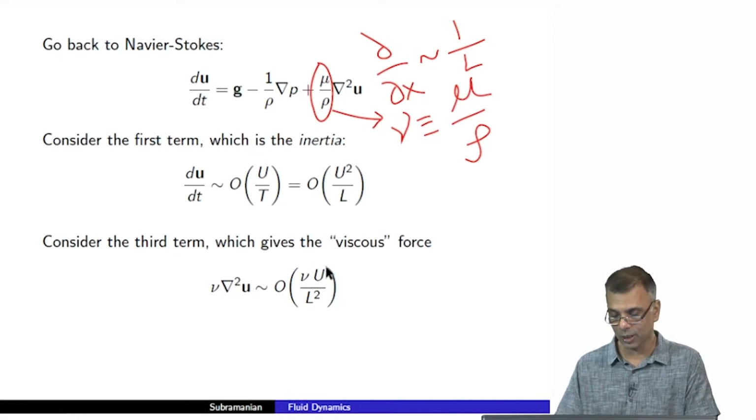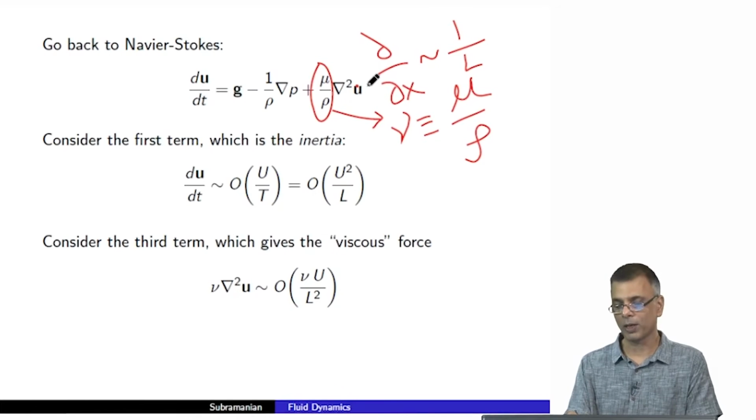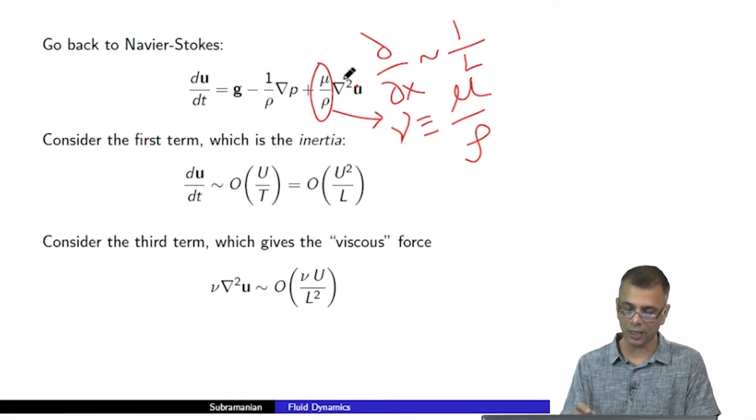I replace the velocity by the undisturbed velocity, capital U, and to account for the second derivative I have a capital L squared here.